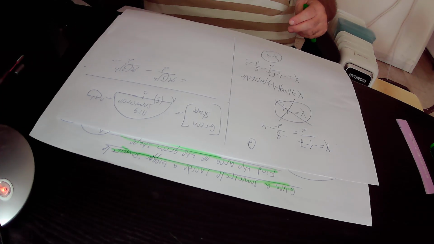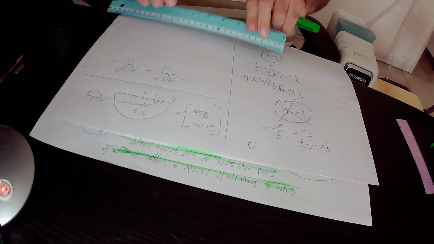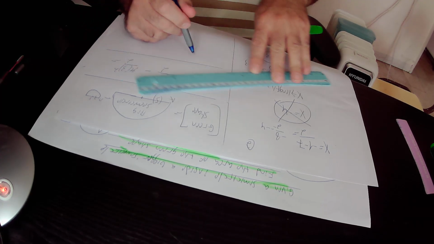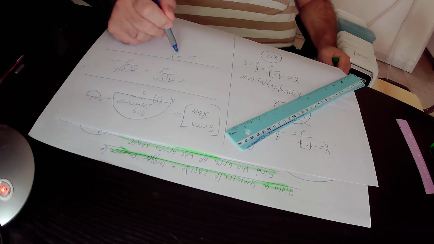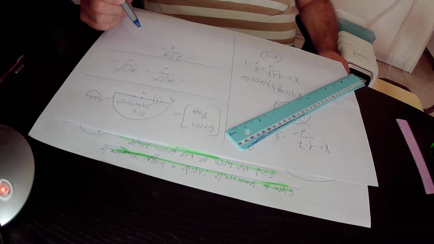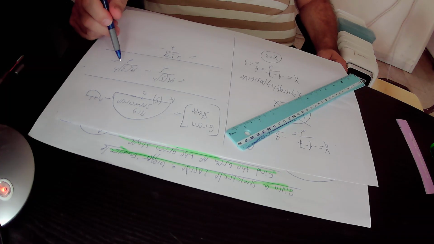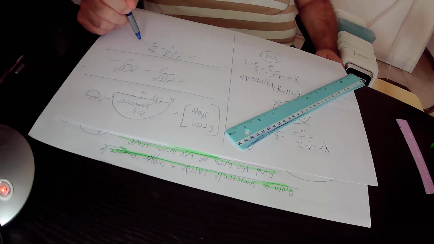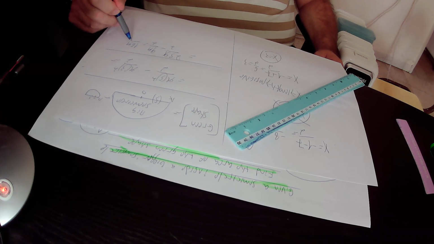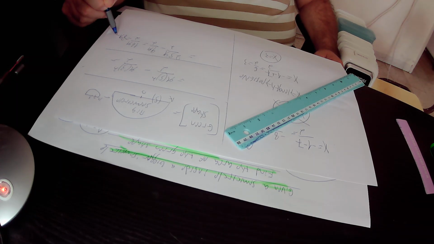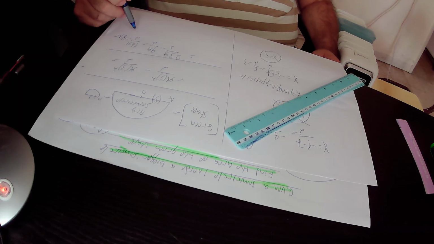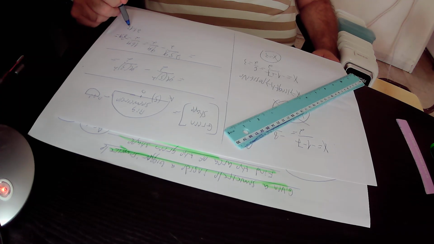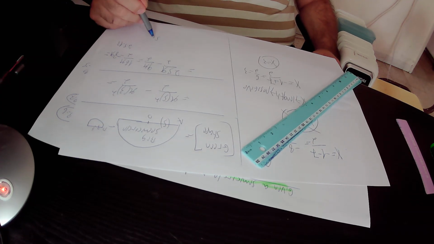So in total, 5 squared is 25, so this expression equals 25 pi over 2 minus the area of the small semicircle. 3 squared is 9, so it is 9 pi over 2. 25 pi minus 9 pi is 16 pi over 2. 16 pi over 2 is 8 pi. In terms of numbers, it is equal to 25.13 square units.